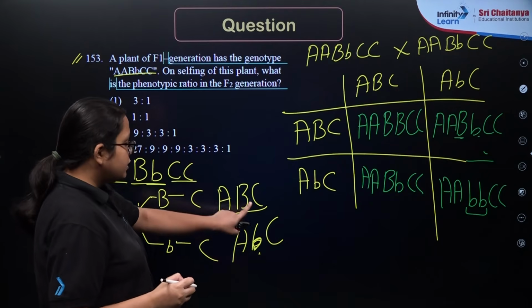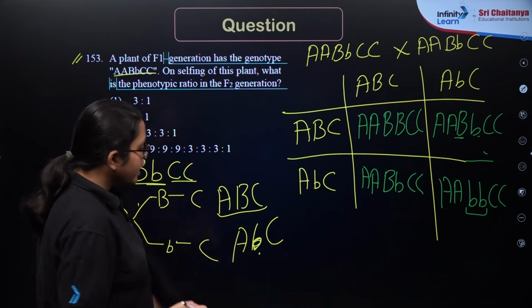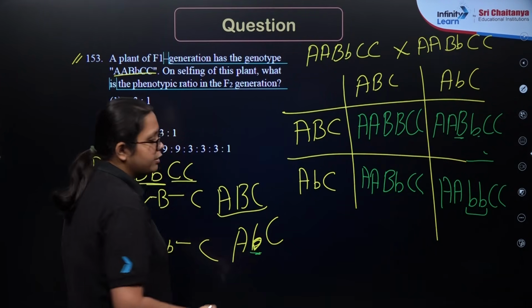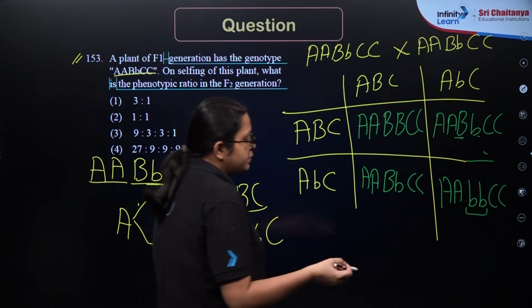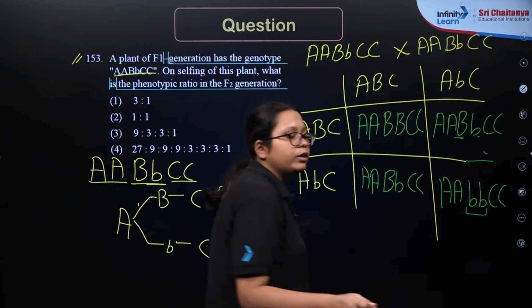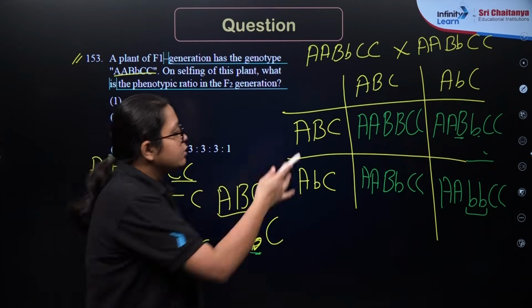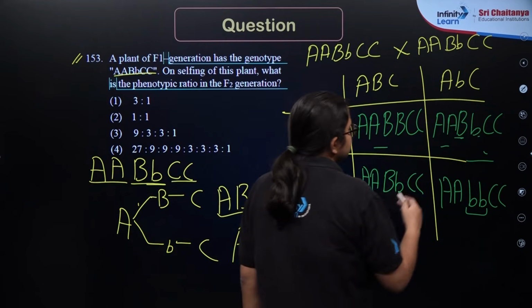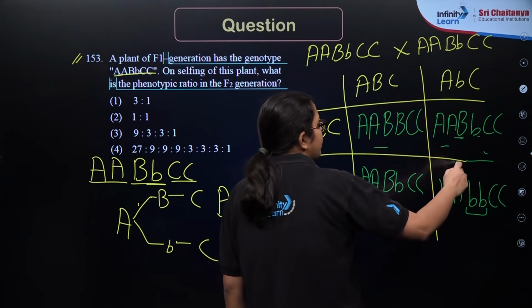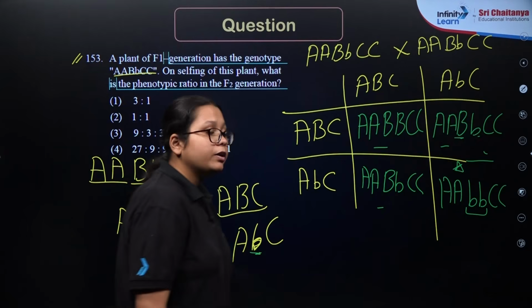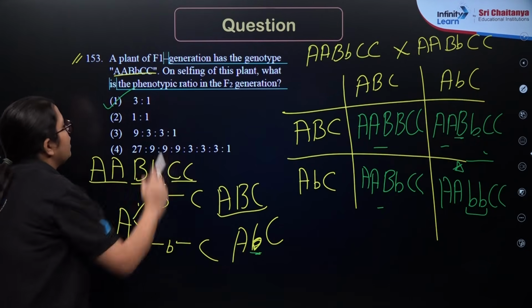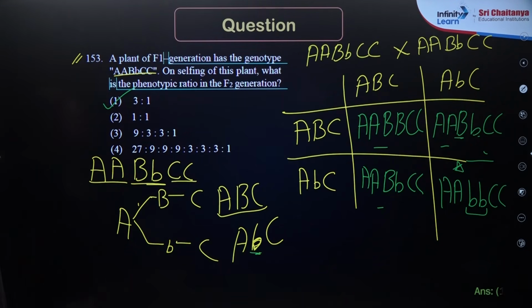See the gametes, they are different, because B is different. So if a recessive homozygous comes, the phenotype will become different. So these three have the same phenotypes, but this one has a different phenotype, which means the phenotypic ratio becomes 3:1. The answer is 1.